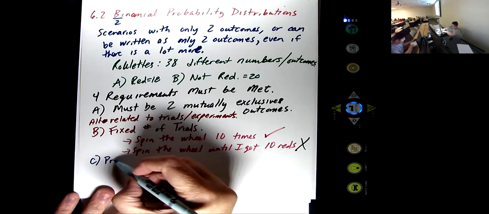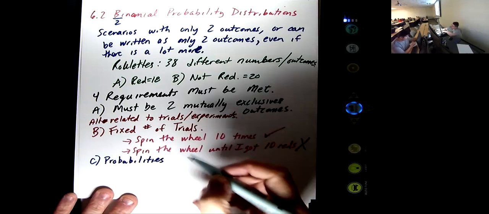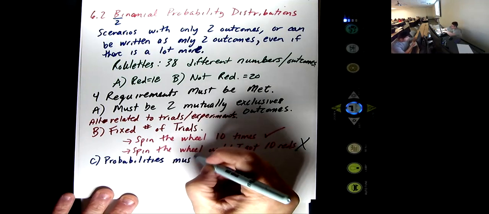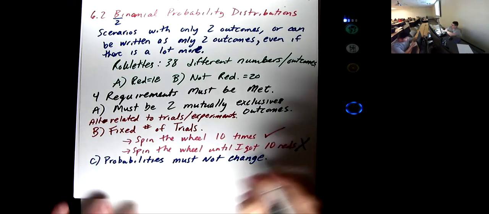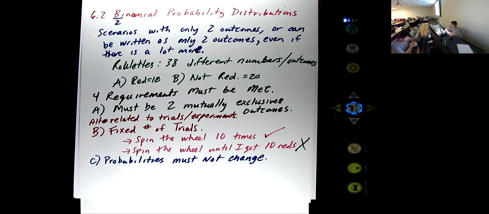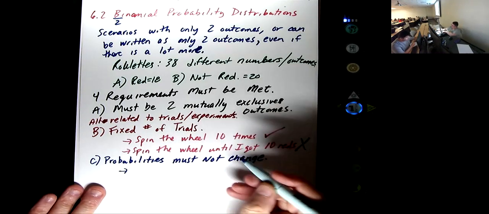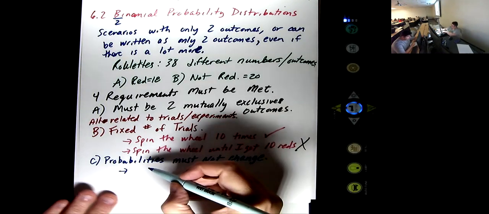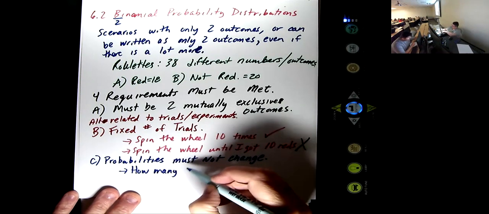Probabilities must remain fixed. Must not change. The roulette one's hard to give a good and bad example, but cards I can. How many red cards after 3 draws?